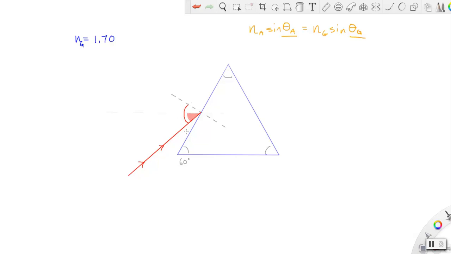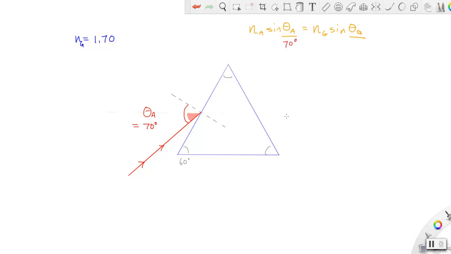And so the total angle here, which is given by theta air, the angle of our ray with respect to the normal in the air side of the interface, is going to be equal to 40 degrees plus our 30 degrees, so it is 70 degrees with respect to the normal. That's the one we're interested in.